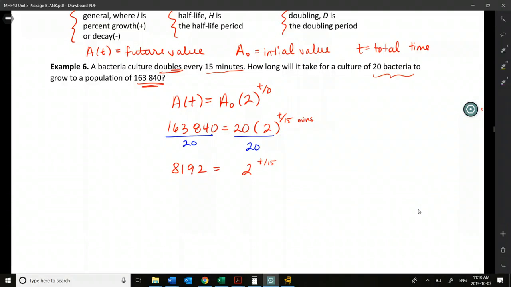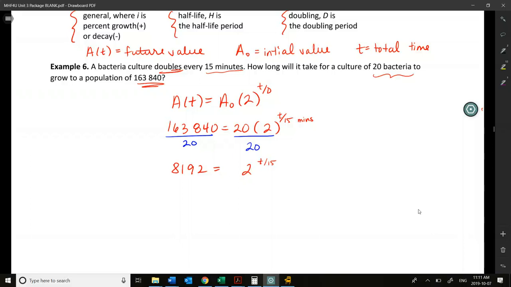I'm curious if we could use potentially common bases to solve this. Is there any value that we can raise 2 to that will equal 8192?